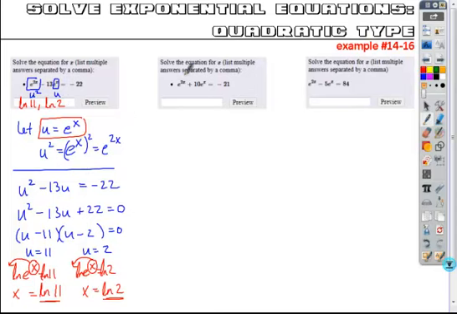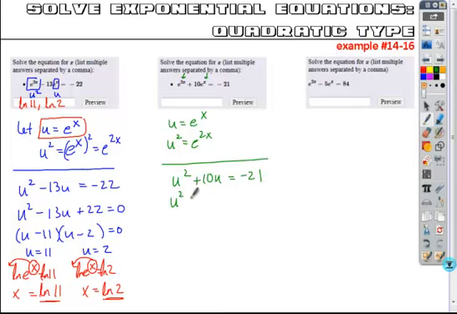If you see that the power of one variable is double that of the other, you have quadratic type. So I can use u substitution. If I let u be my lesser power, e to the x, then u squared is going to be e to the 2x, and that allows me to rewrite my expression as u squared plus 10u equals negative 21.